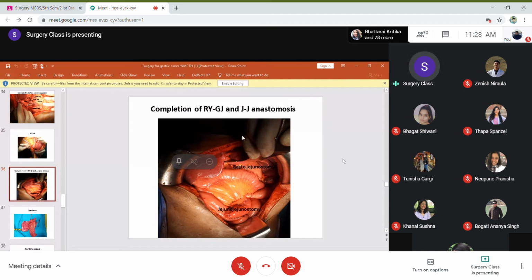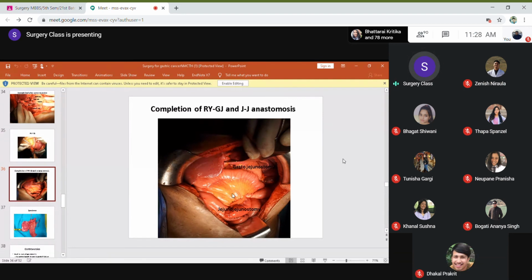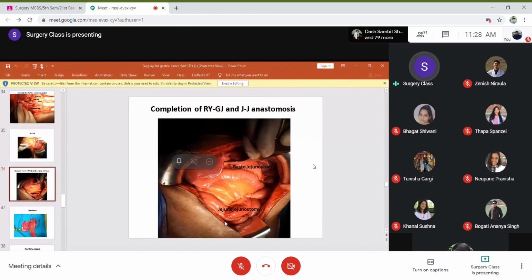If it was a classroom, I would have made a picture on your whiteboard and told you about the anastomosis, how it is made. But you can see the gastrojejunal anastomosis, how the stomach is being anastomosed with the tubular structure here. That is a part of the jejunum which is brought up, and the part which is connecting to the duodenum is again anastomosed with the jejunum.